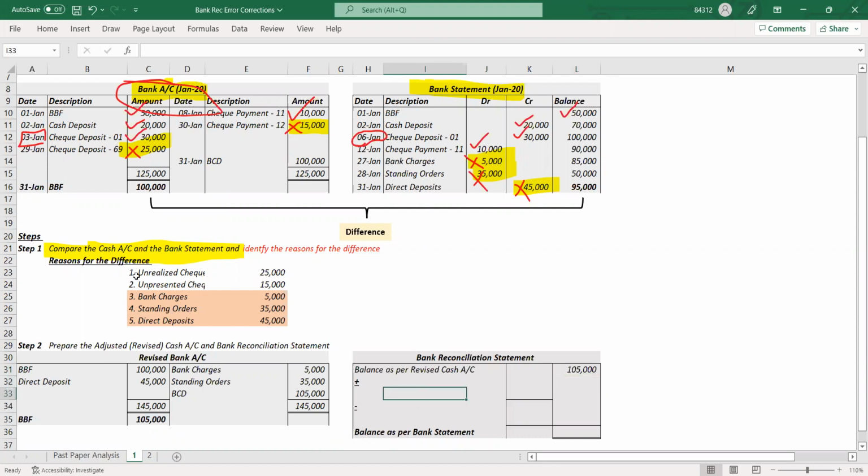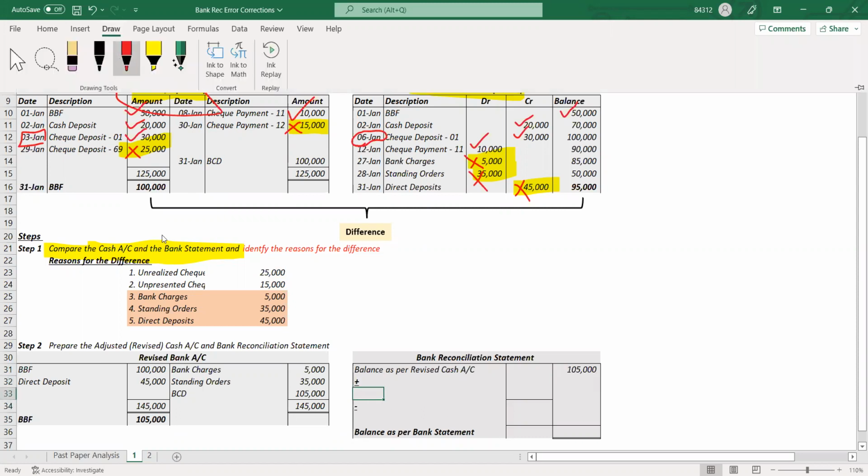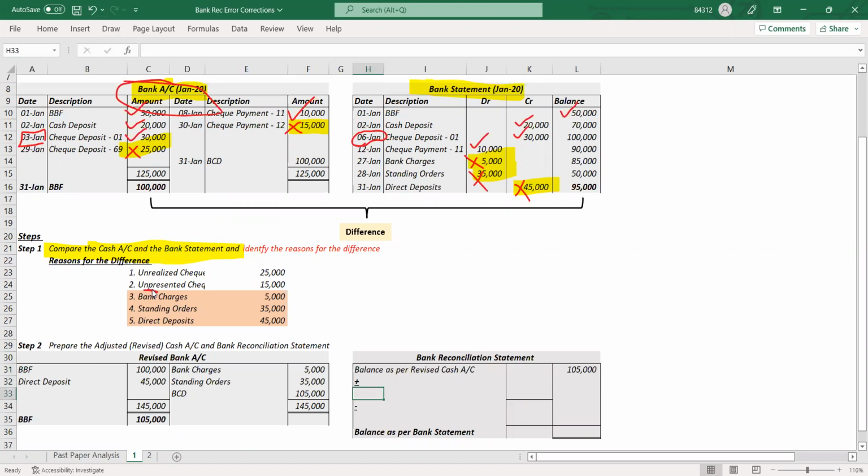Then there are two more transactions, unpresented checks and unrealized checks. So we have plus and minus. To remember this easily, plus means unpresented, P for plus and P for presented. So unpresented checks will be plus, and the remaining, unrealized checks, will be minus.